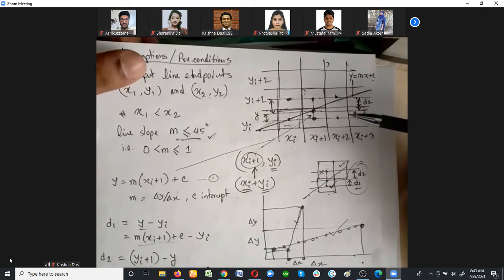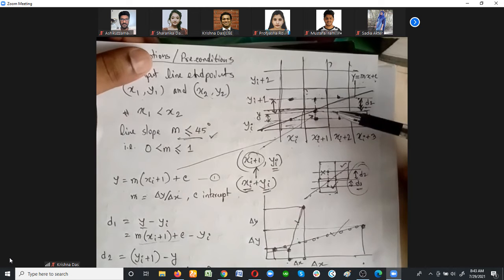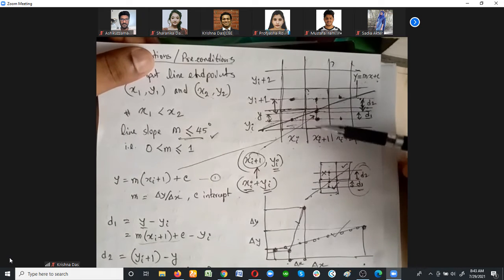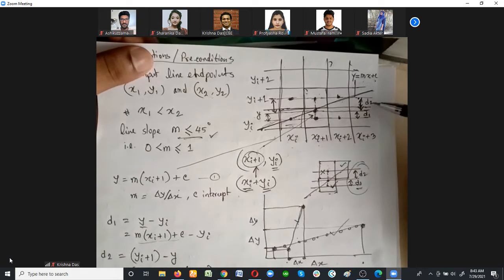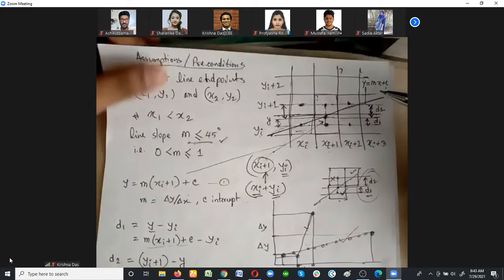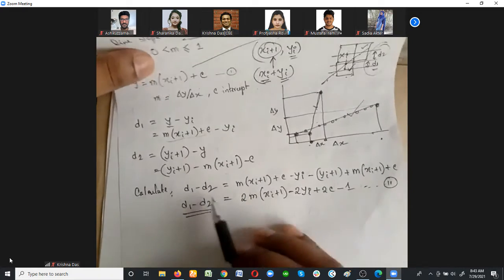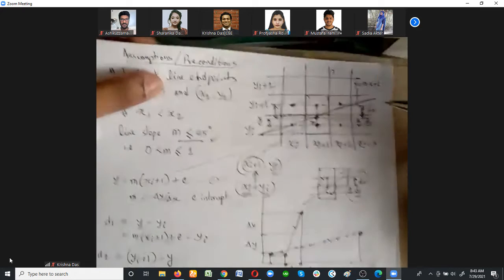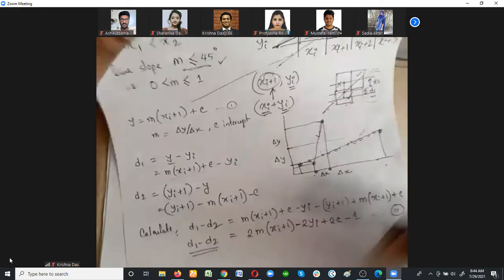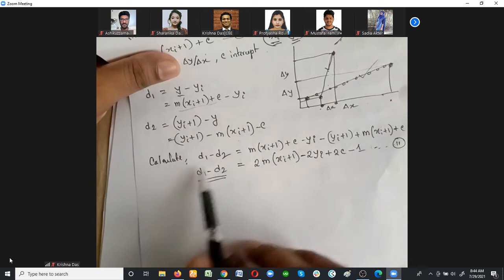If it is bigger, then what to do, or if smaller, then what to do. So we try to find the difference between these two distances. If we consider the first one and the difference is negative, then we can understand that D1 is small. Try to understand this equation.